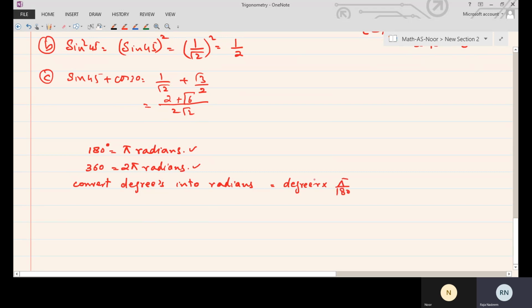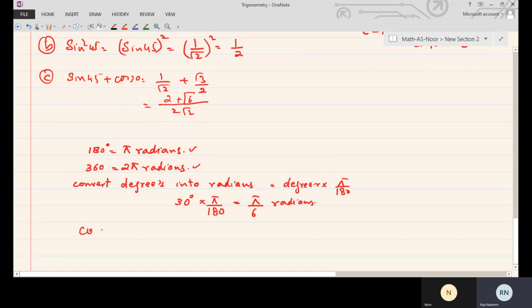Any angle in the form of degrees will be multiplied with pi over 180. If it is 30 degrees, if you multiply it with pi over 180, after simplification you'll get pi over 6 radians. So answer would be in radians.